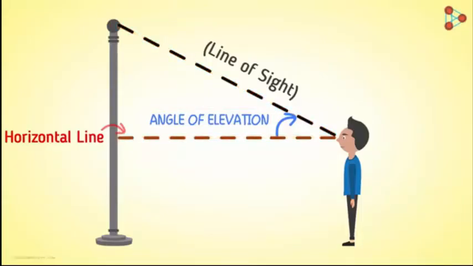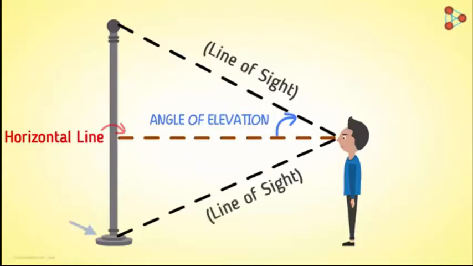What if the person is looking at the base of the pole? What is the line of sight in this case? The line drawn from the eye to the base of the pole is the line of sight when the person is looking at the base. In this case, the angle formed between the line of sight and horizontal is called the angle of depression.